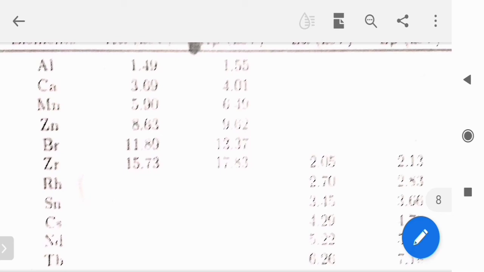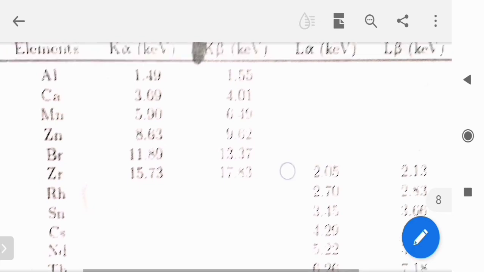And when the sample contains many elements, the X-ray lines for the different elements are decided from the energies of various X-ray lines. So these are some of the qualitative applications.